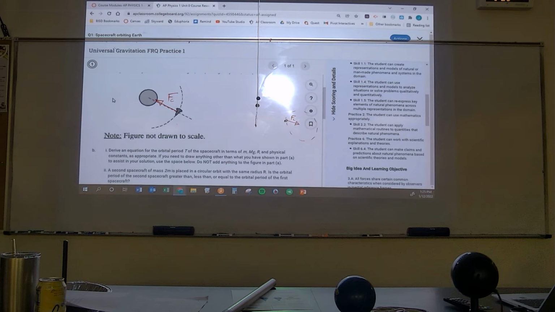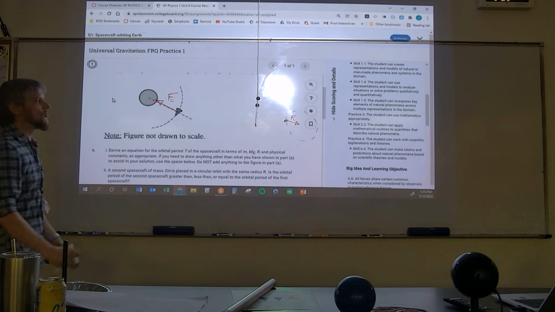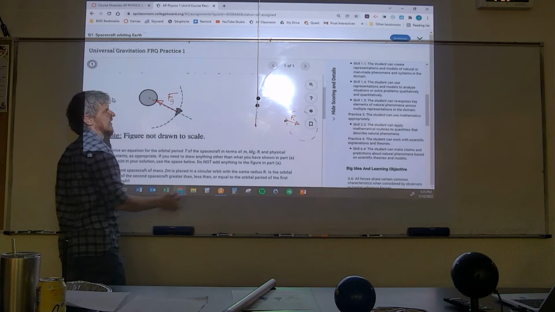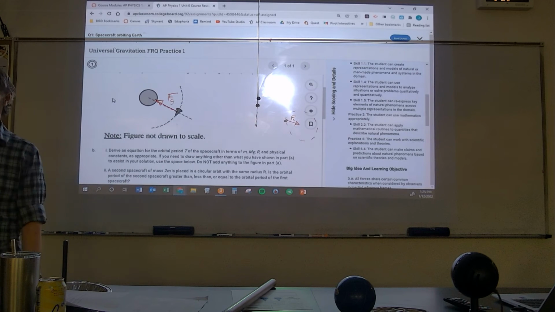It's just some object moving in a circle. It could be a ball on the end of a string. It could be a giant star orbiting a supermassive black hole. I have no idea. So you have to put a G. That tells me now that it's a gravitational force. That's all I need to know.